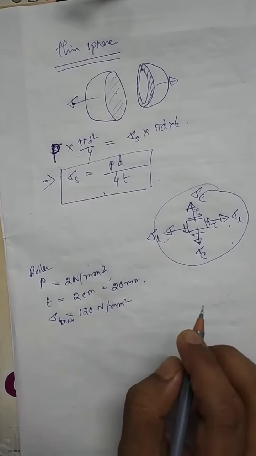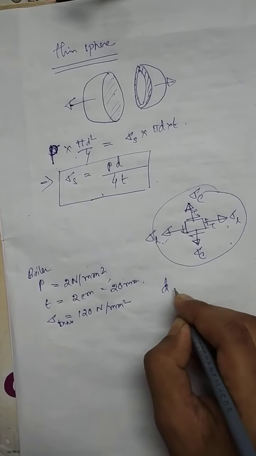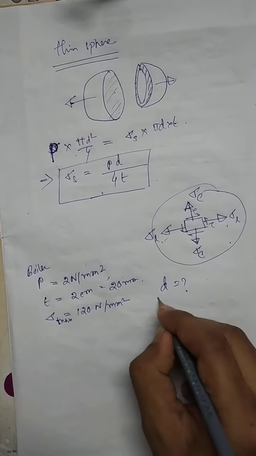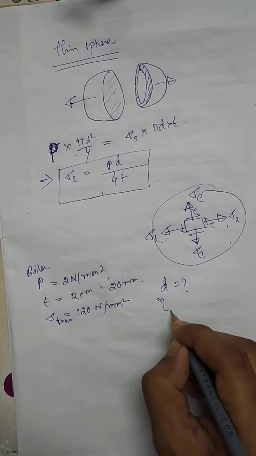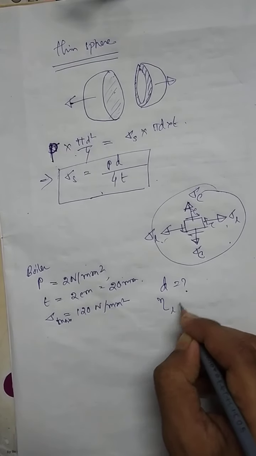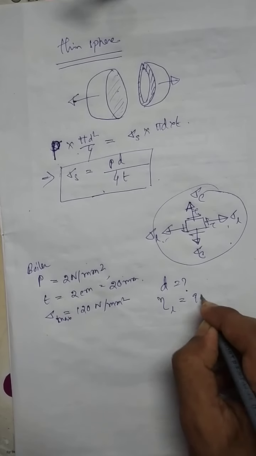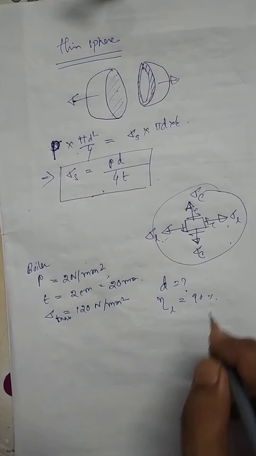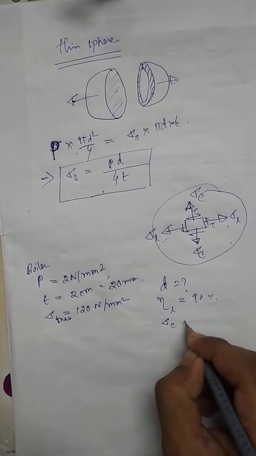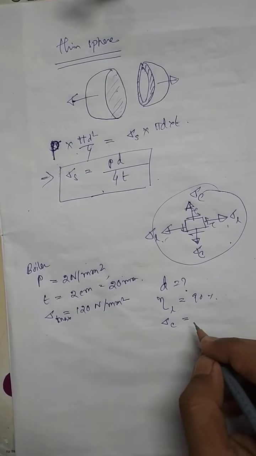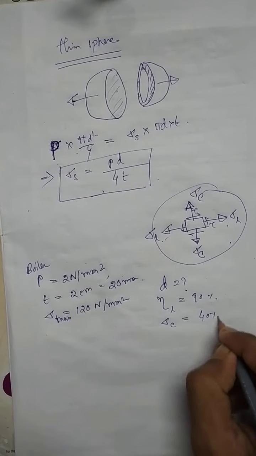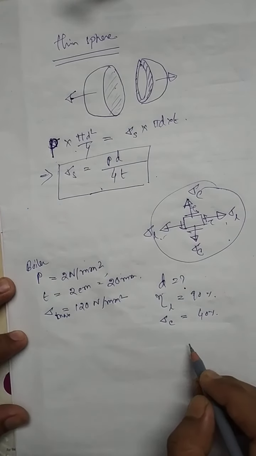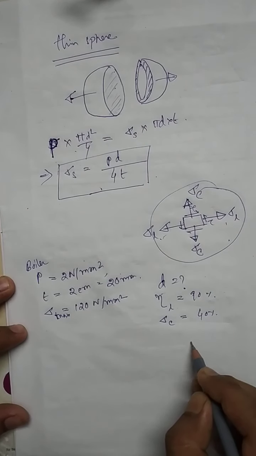Our job is to find the maximum internal dia when the efficiency of the longitudinal joint is 90% and for the circumferential joint is 40%.